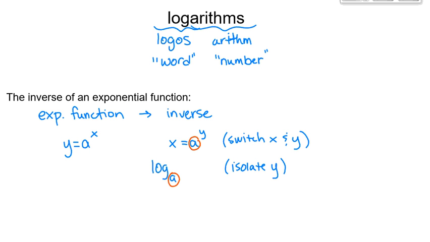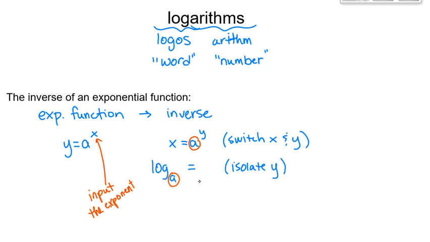And then because with inverses you're switching the inputs and outputs, and in the exponential function you input the exponent, then for the inverse of that you would have to output the exponent. So that's going to have to be our output, so that's going to go over here. What's our exponent here?